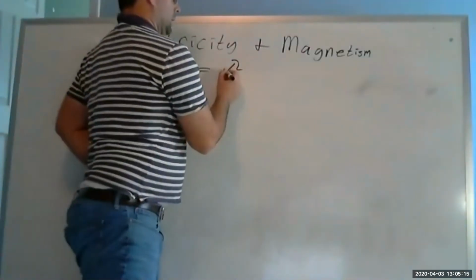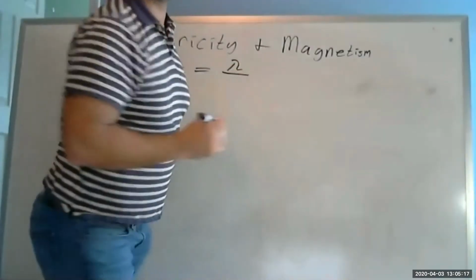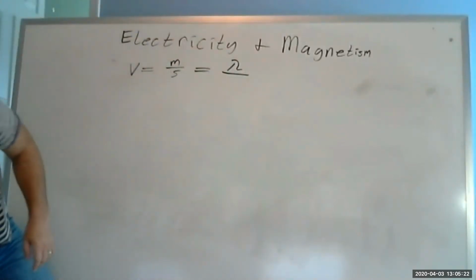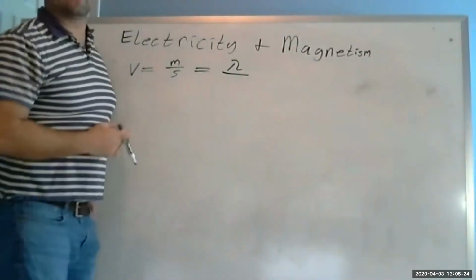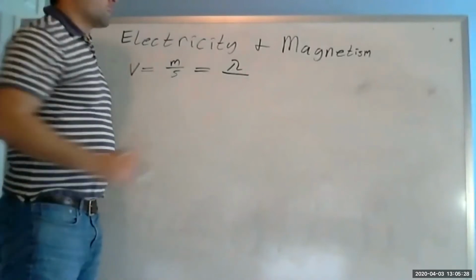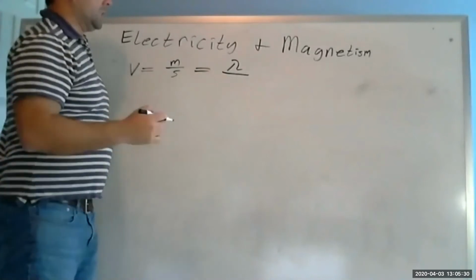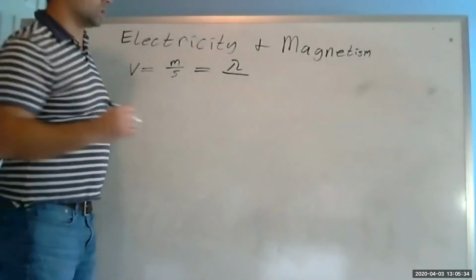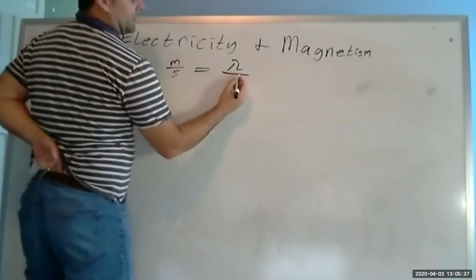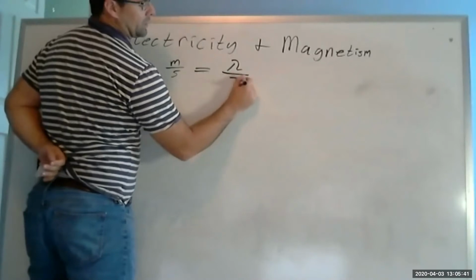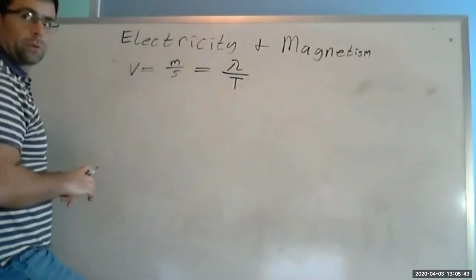And then what is the amount of time required to complete one cycle called? Not delta t. Delta t is just the change in time, if you're talking about little t. But the time that it takes to complete one cycle is called the period, capital T.